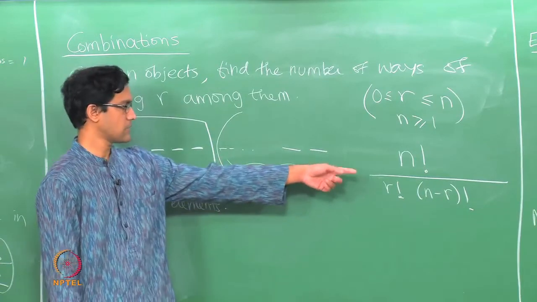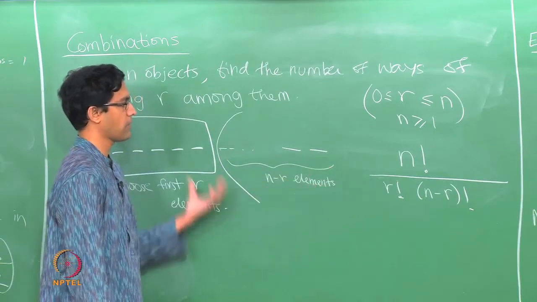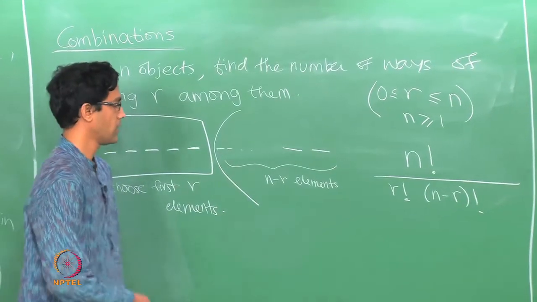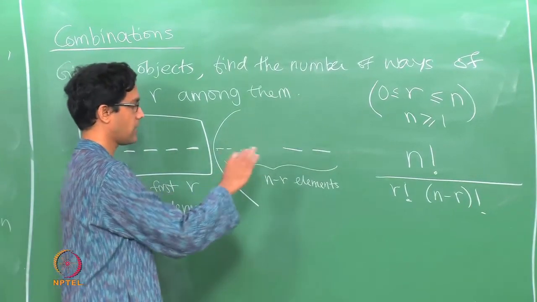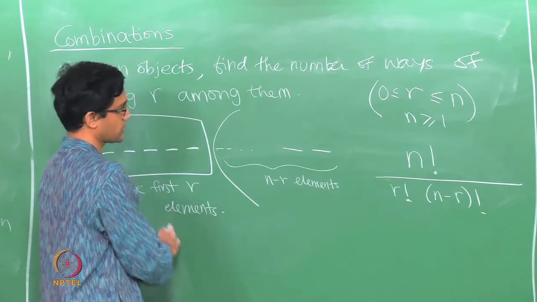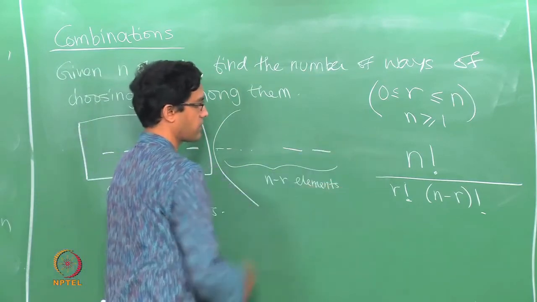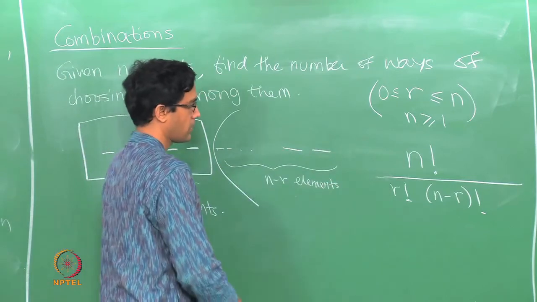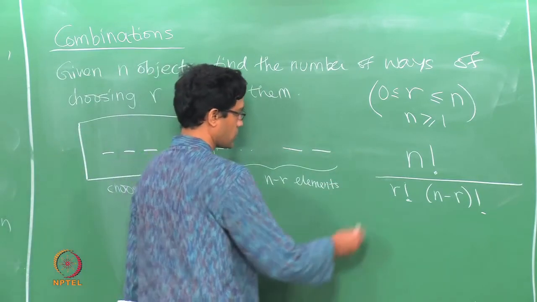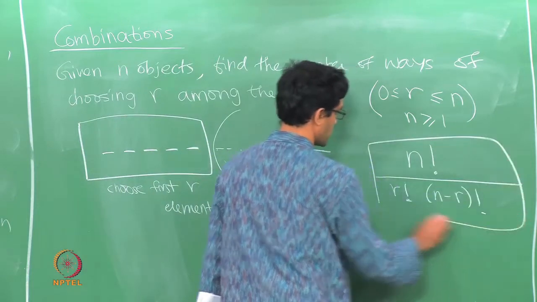That is the amount of repetition that you have when you count these. So the final number of distinct choices of R elements is just n factorial divided by R factorial times n minus R factorial. This is now finally the number of choices.